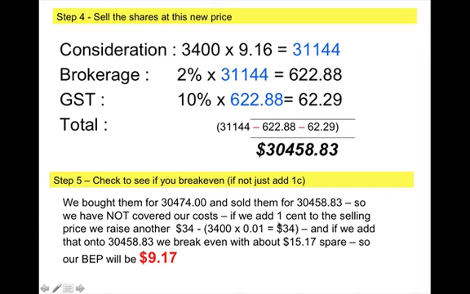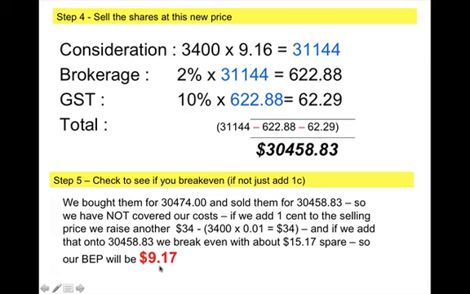So if we add 1 cent to the selling price, which takes it to $9.17, we would raise about another $34 because 3,400 times 1 cent gives us $34. If we add that $34 onto the $30,458.83, we break even with about $15.17 left over. So our break-even price would be $9.17.